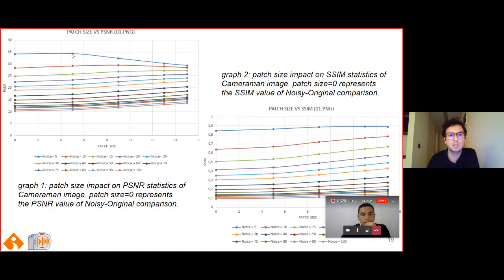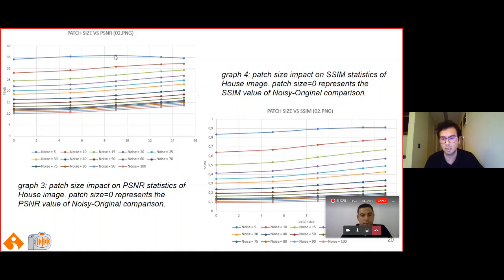The PSNR values change depending on the patch sizes, and the SSIM values also change. But we can say that for the cameraman image, the suitable patch size is 5. If we check the second image, house, you can see that we have to apply a different patch size.